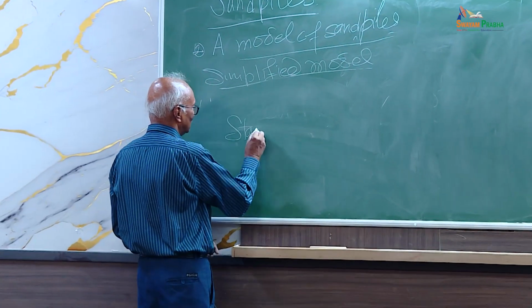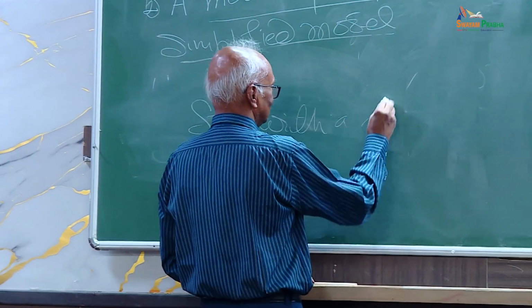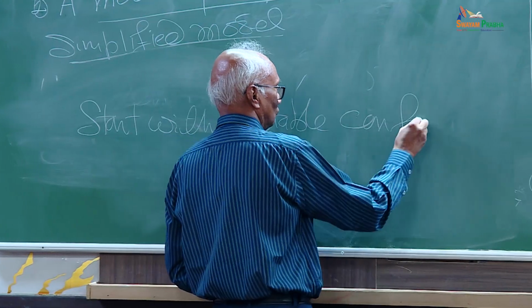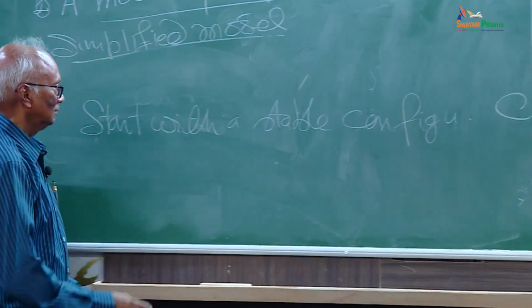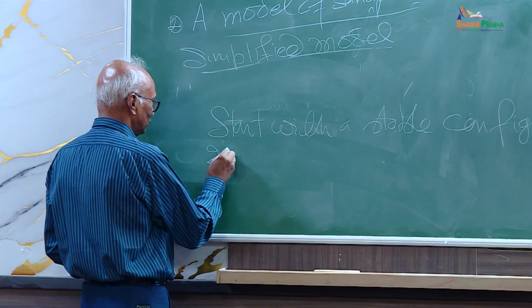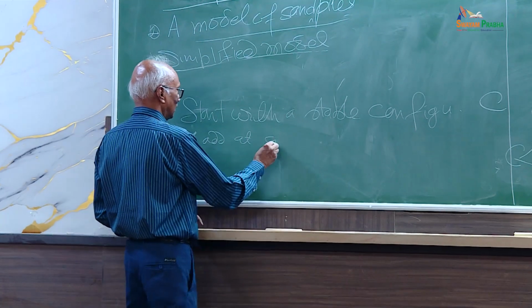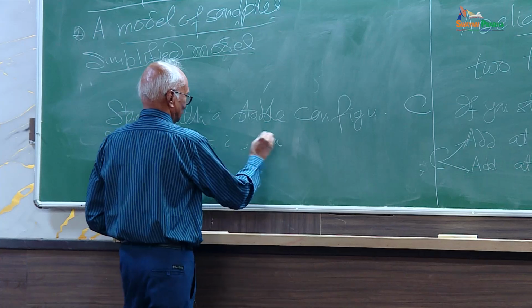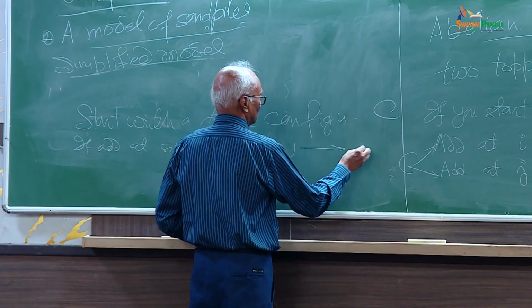Okay, start with a stable configuration C. If you add at site I, then at J, it goes to C prime.